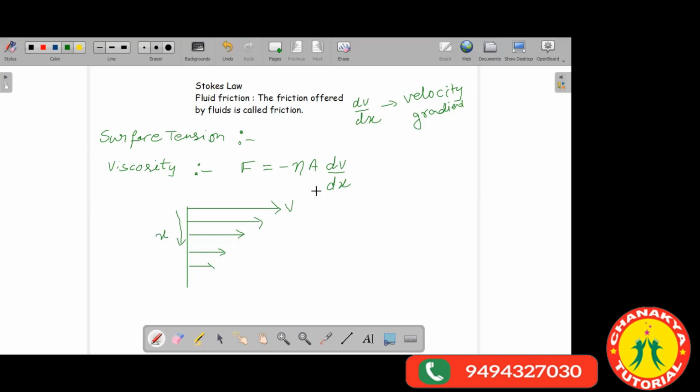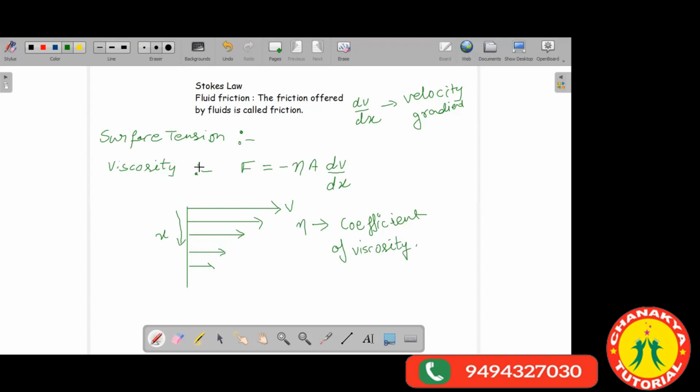That is why F equals minus eta A dv by dx. Here eta, this symbol, represents the coefficient of viscosity.